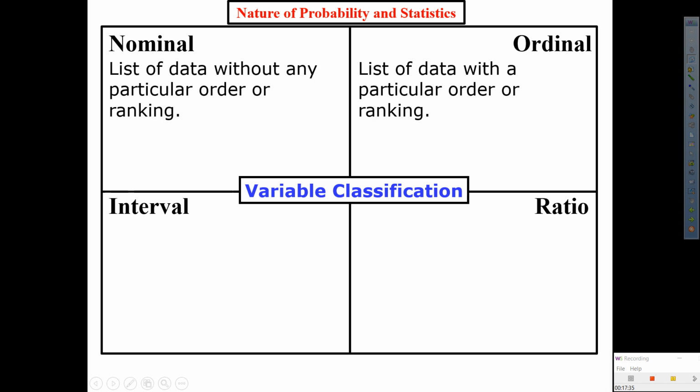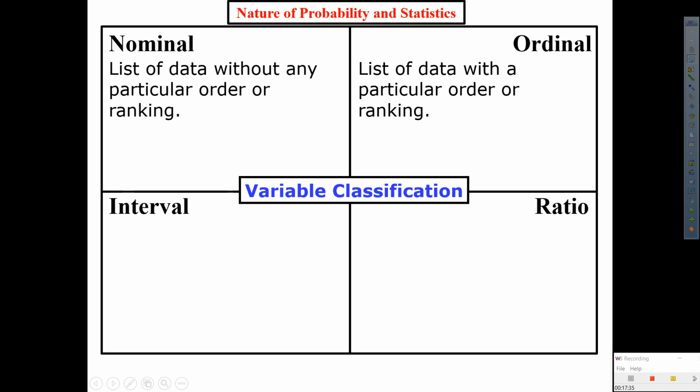So yeah, if nominal, you just list. Ordinal, you can say, now that I have all the names, I'm going to list them in alphabetical order. So you start from A to Z. Once again, nominal, you just collect the different names. Ordinal, you organize them by alphabetical order.